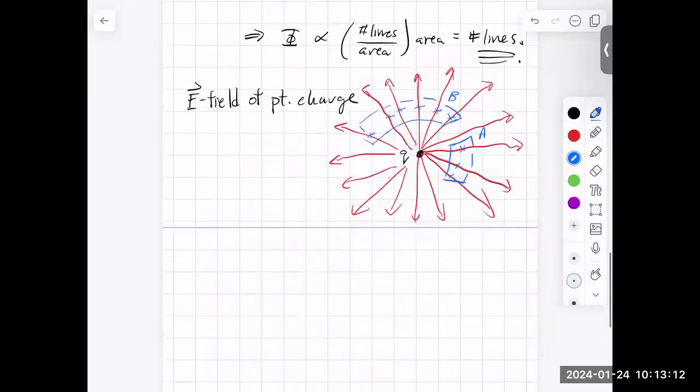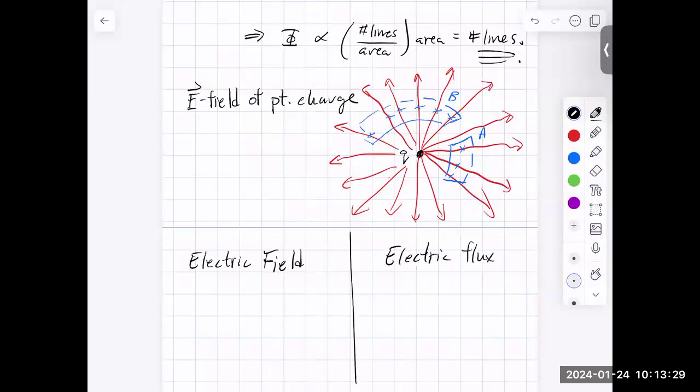And so we're going to compare the electric field at A and B, and we're going to compare the electric flux at A and B. So how do the electric fields compare at A and B? Is the field at B bigger, smaller, or equal to the field at A?